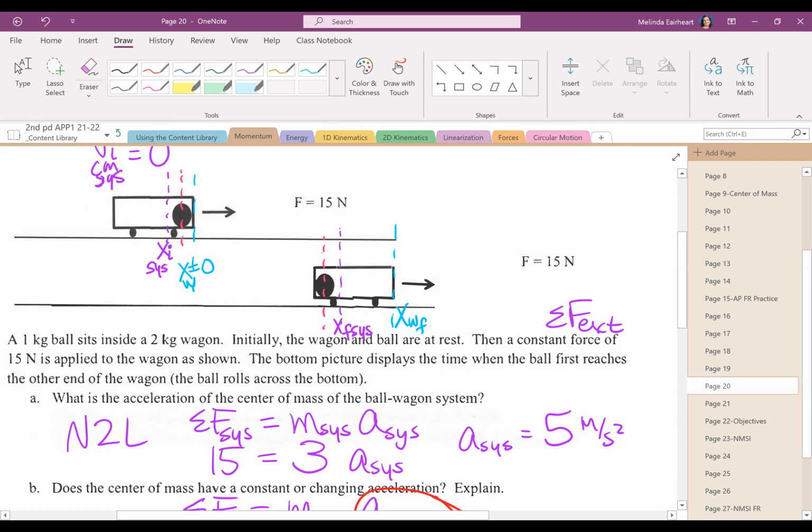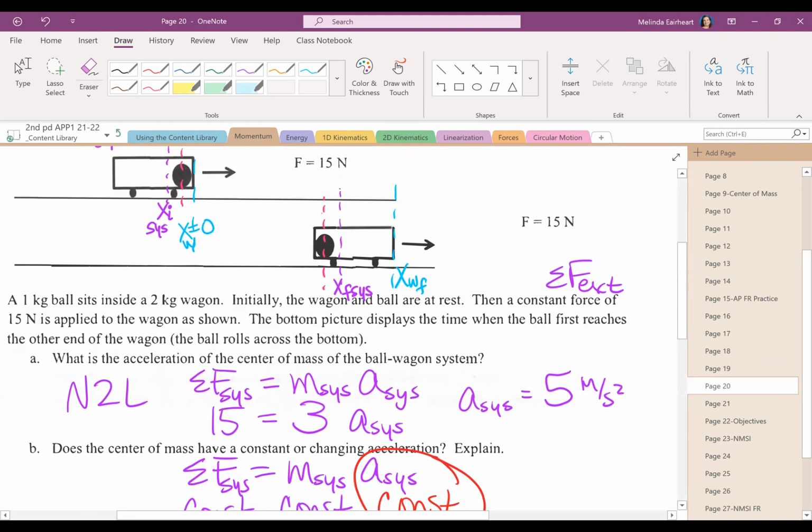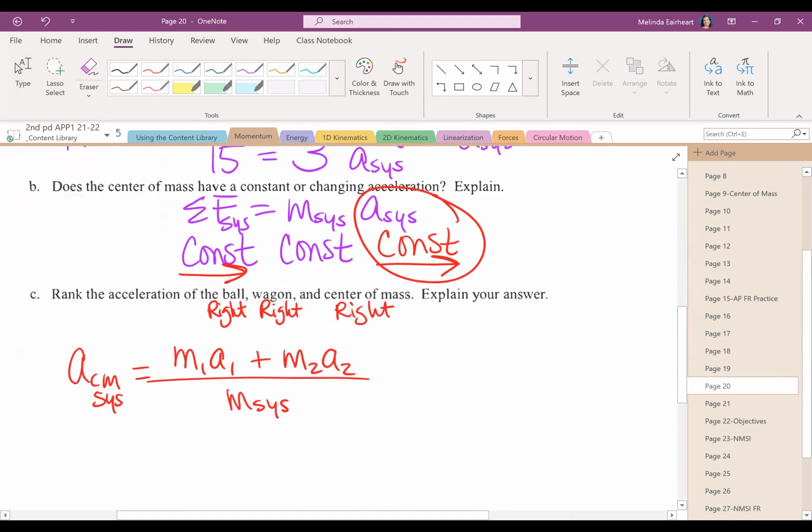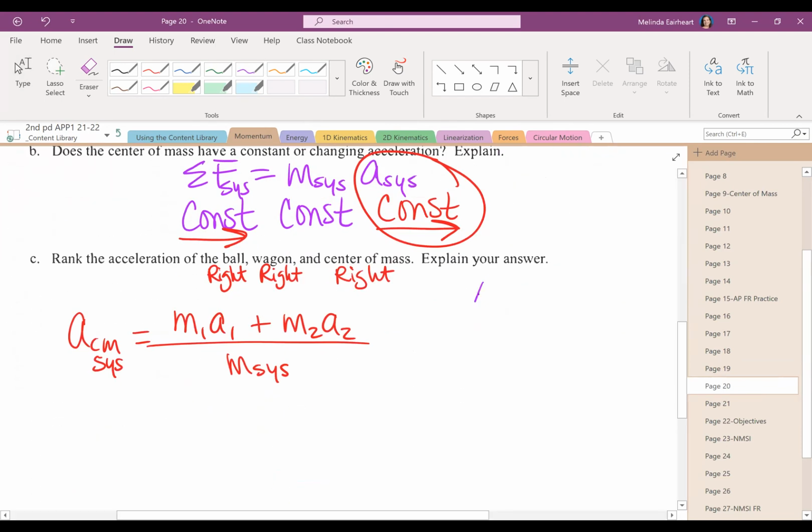And so if you can kind of think about kinematics for the system and the objects, we know the time is the same, the distances are different, the accelerations are going to be different. Who has a greater acceleration? And they all start at rest, so kind of in your mind be thinking about change in x equals v_i t plus 1/2 a t squared. They all individually or as a system start at rest.